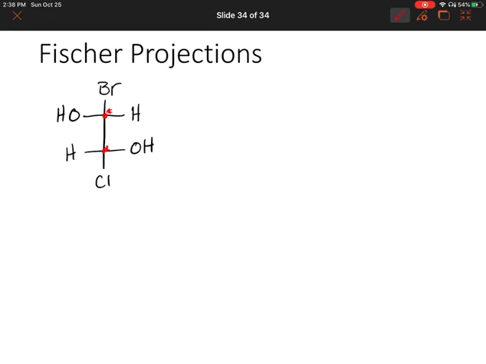Okay, now remember, all of the horizontal lines will be wedges, and all of the vertical lines will be dashes. So let's redraw this molecule, and then we'll assign R and S to those stereocenters.